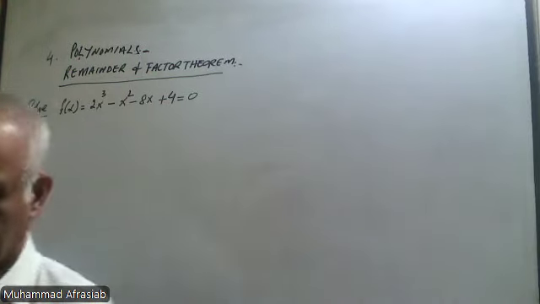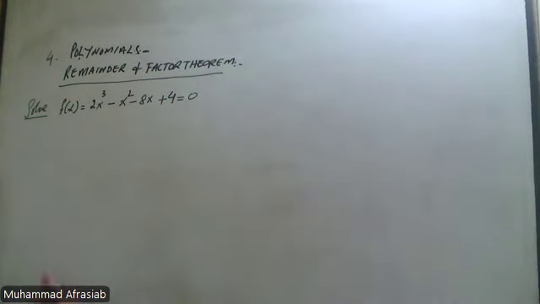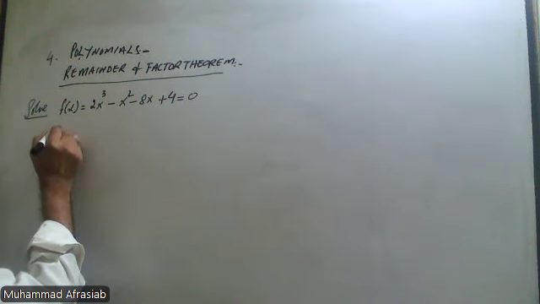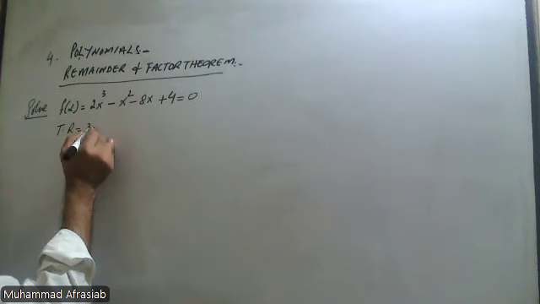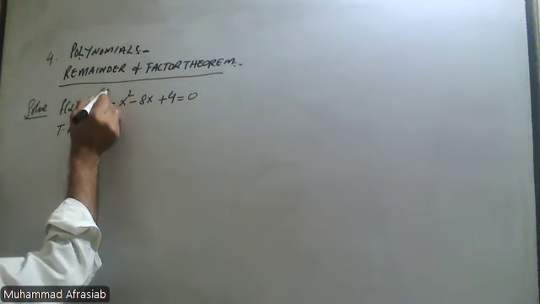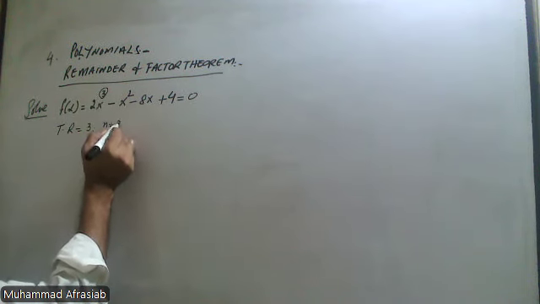Since it is known that the highest power of this variable x is 3, there are three roots of this equation. So total roots is equal to 3 since n is equal to 3.